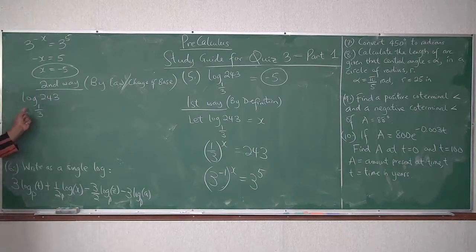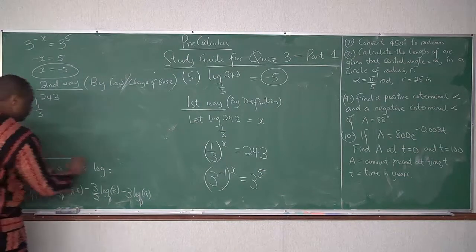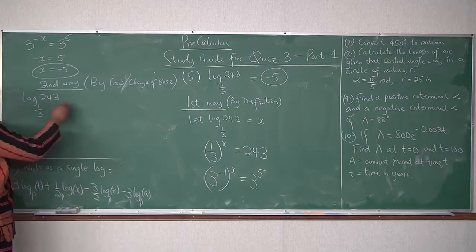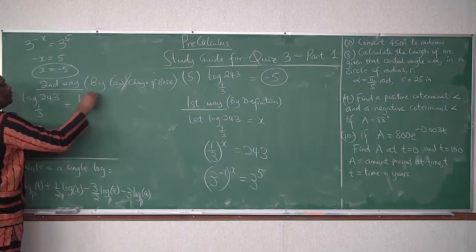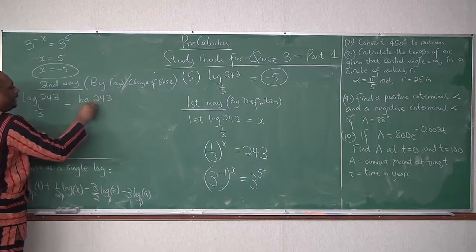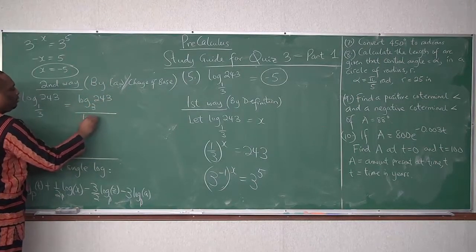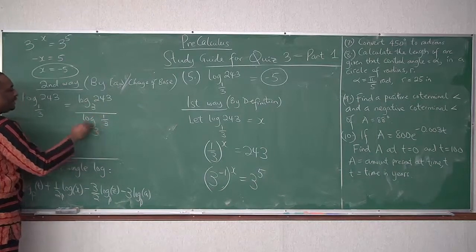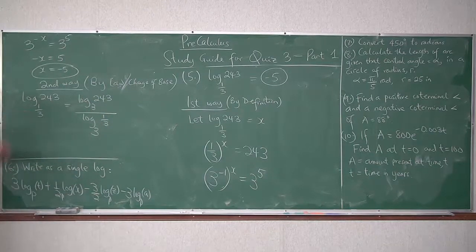Let's change this to base 3. It is better we change it to base 3. If we change it to base 3, this will be log 243 base 3 all over log 1 over 3 base 3.